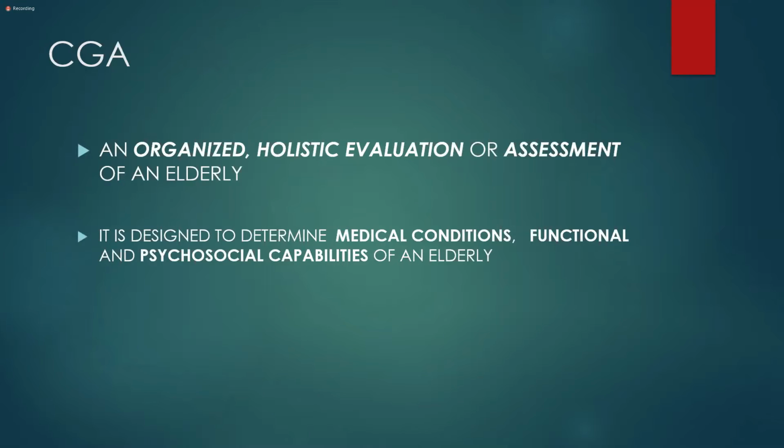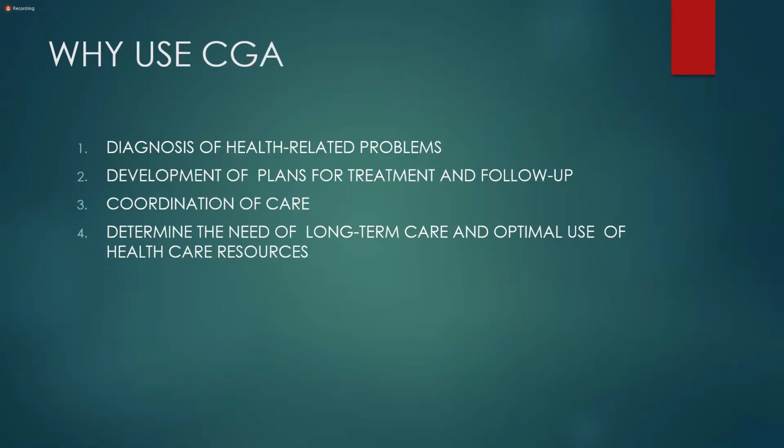For the definition, CGA is defined as an organized, holistic evaluation or assessment of an elderly. It is designed to determine the medical conditions, functional and psychosocial capabilities of an elderly. So why do we use CGA? CGA is used because it will help us in the development of plans for treatment and follow-up, and for the coordination of care.